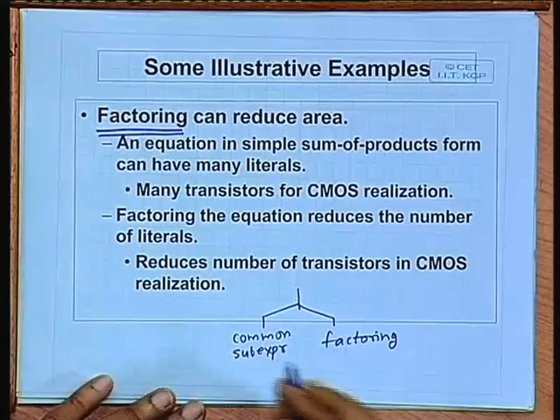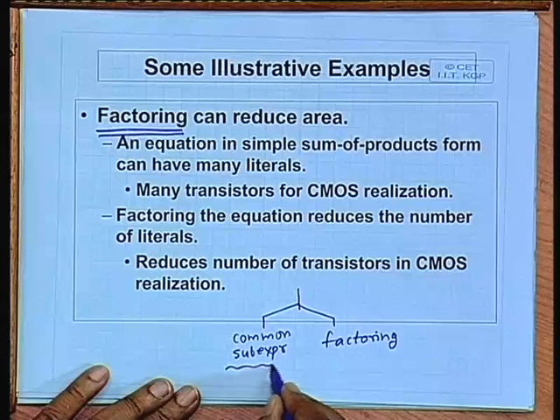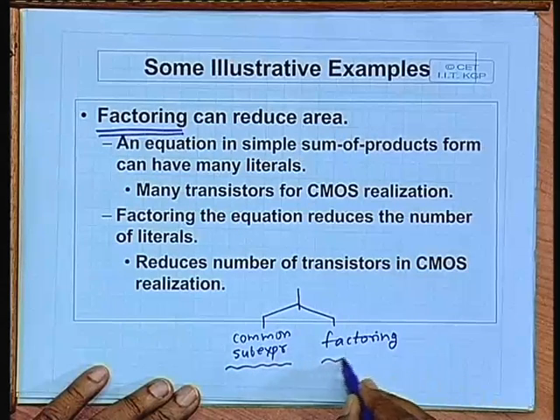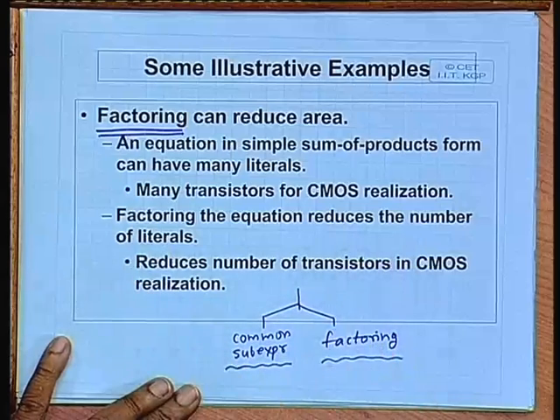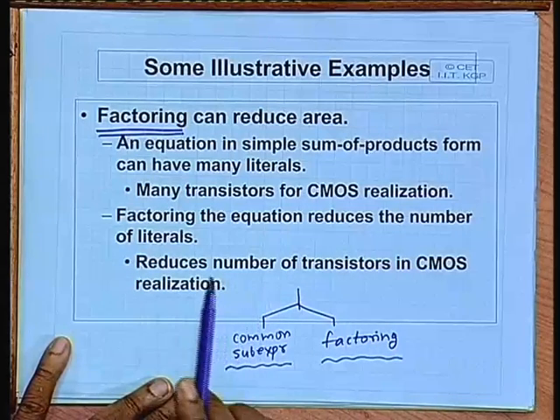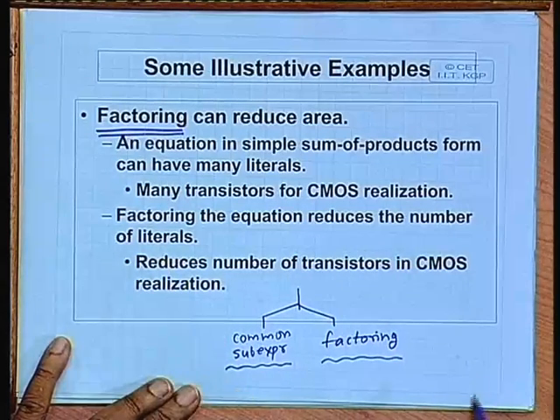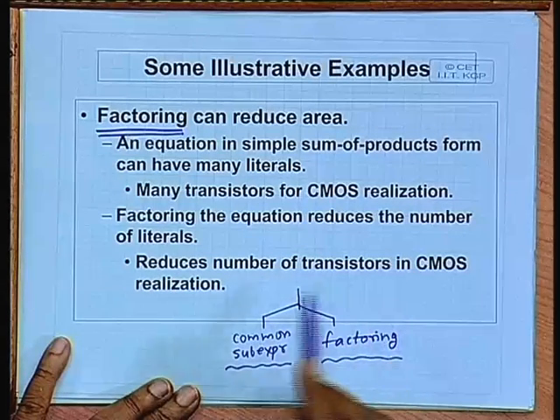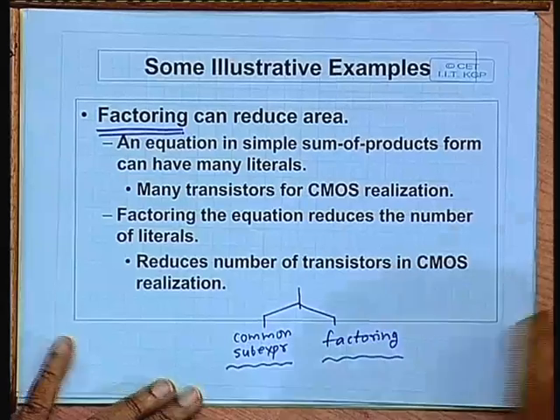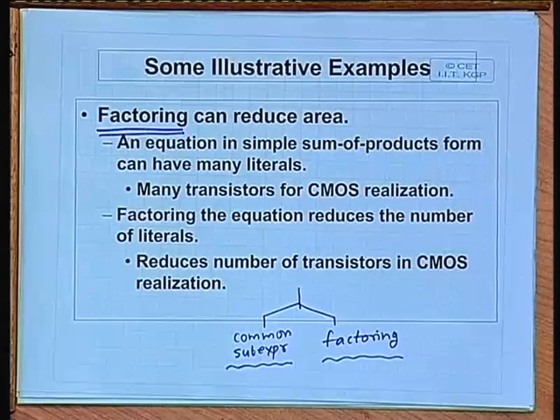Our idea is that by identifying either common sub-expressions or through factoring, we want to reduce the number of literals, and if we can reduce the number of literals, we can immediately reduce the number of transistors in the CMOS realization also. Now, let us look at some examples and see how this is achieved.